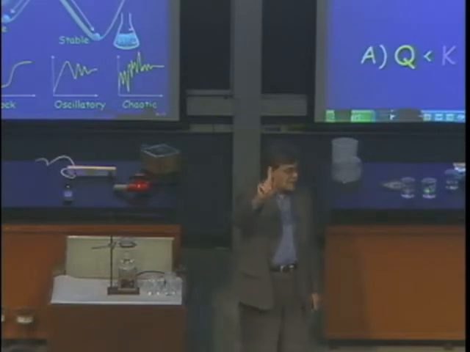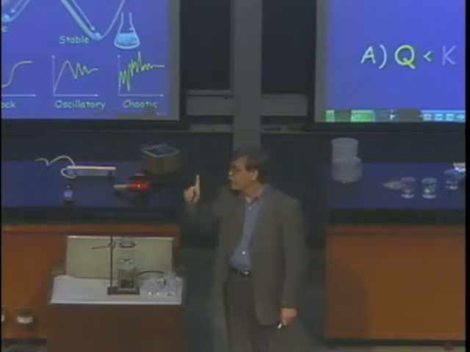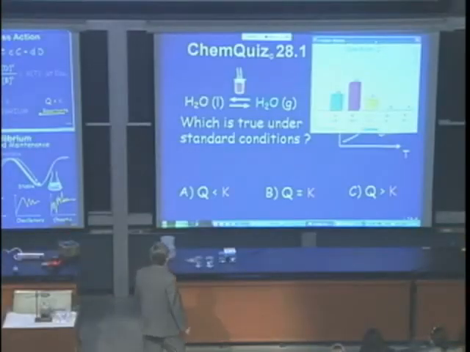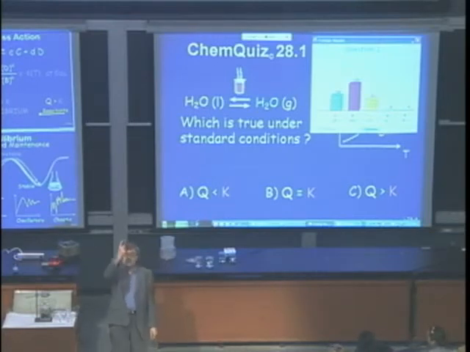Standard condition is 1 atmosphere and 298.15 Kelvin. So you have 1 atmosphere above water at 25 degrees. Have you ever seen water boiling at 25 degrees? I haven't seen that before. Well, yes, I have: you have to reduce the pressure, and then it happens. But here we have pressure at 1 atmosphere.